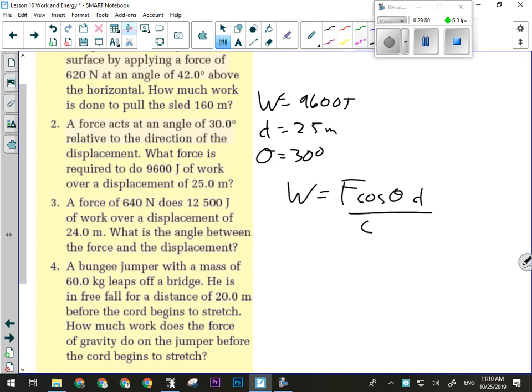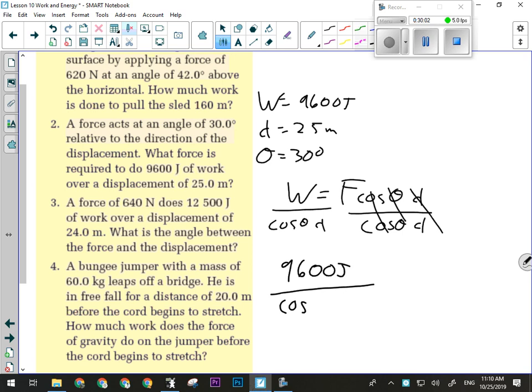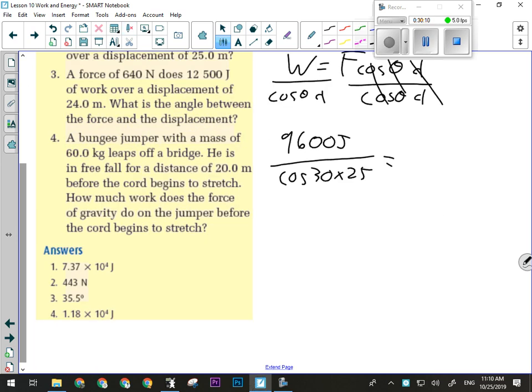So we divide both sides by cos of theta times D, and that'll give us our force. So we'll take our 9,600 joules, divide that by the cos of 30 degrees times 25 meters. When we do that, we should end up with our 443 newtons worth of force.